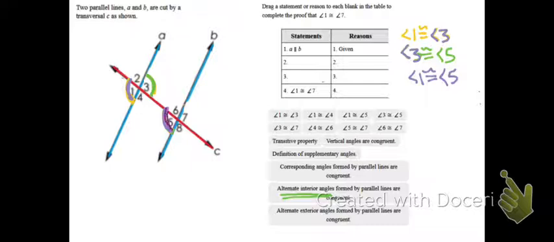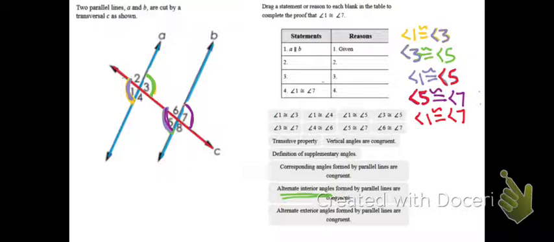Angle 5 and angle 7 are congruent to each other. Remember, those are vertical angles. And then if angle 1 is congruent to angle 5 and angle 7 is also congruent to angle 5, then angle 1 and 7 must be the same measure because they are both congruent to angle 5. So this proves that angle 1 is congruent to angle 7.